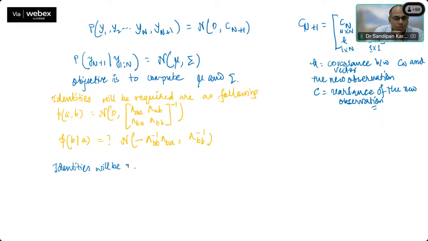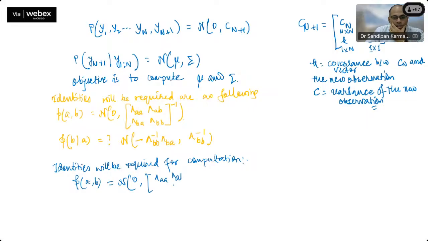Yeah. So the identities will be required for computation. P of A comma B is given to you as normal 0 with this covariance matrix. So this is actually a partition.